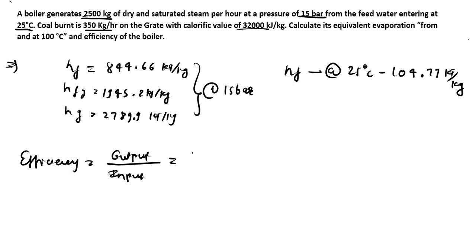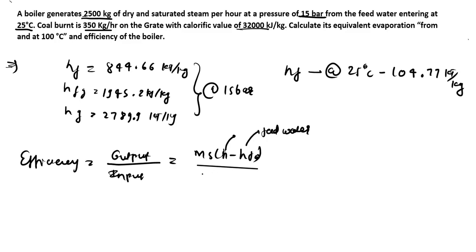Output is the mass of the steam times (h minus hfw). Here h stands for the specific enthalpy of the steam, and hfw stands for the specific enthalpy of the feed water. So this is how much energy the steam has.